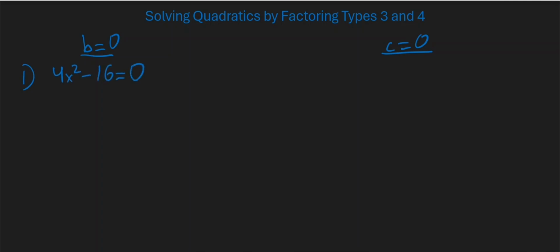Okay, so what we mean by the b term is a 0: if you were to rewrite this in the standard form of a quadratic, ax squared plus bx plus c is equivalent to 0, then we can see that this would be 4x squared plus, there's no x's, so 0x, minus 16 is equivalent to 0. So the b term is a 0 for this because there's no occurrence of x.